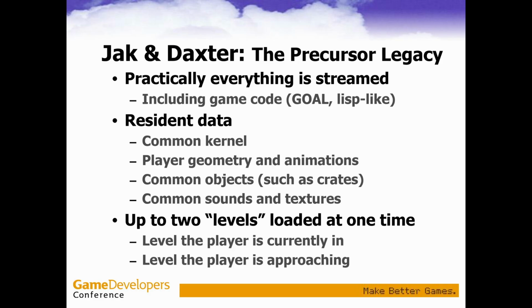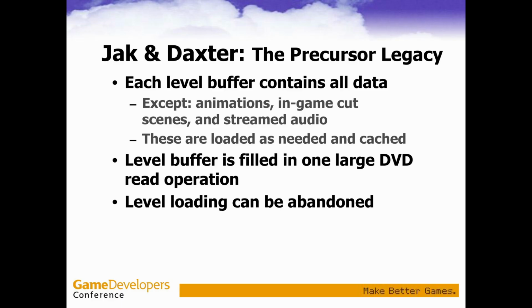So generally, the two levels that are in memory are the level that the player is currently in and the one that the player is approaching. So each of those two level buffers contains all the data that's required for that area, except dynamic data, things like cutscenes, streamed audio, and animations that may be used intermittently. And those are cached.